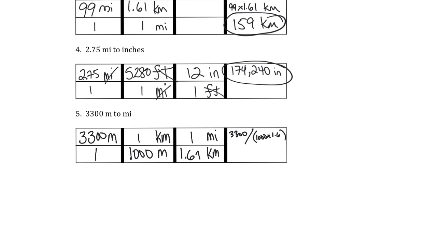So it's really important that you do that carefully, and you should get 2.05 miles. And if you don't get that, then check your calculator, check to see if you're putting it in your calculator correctly.